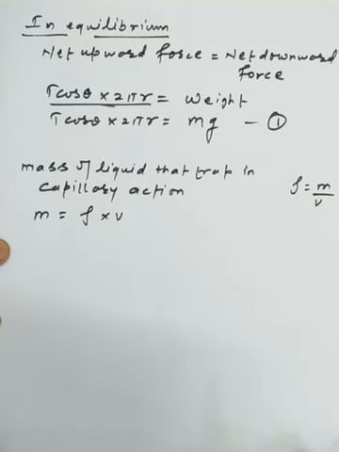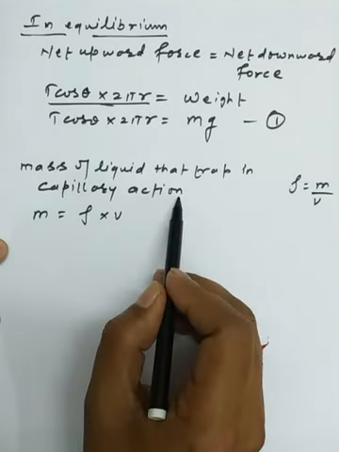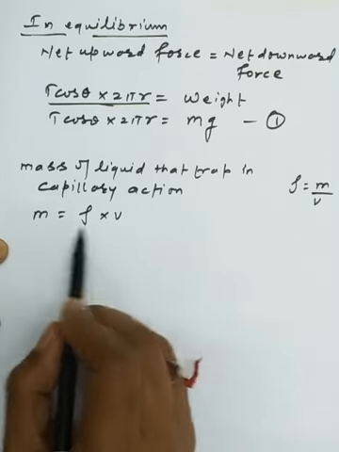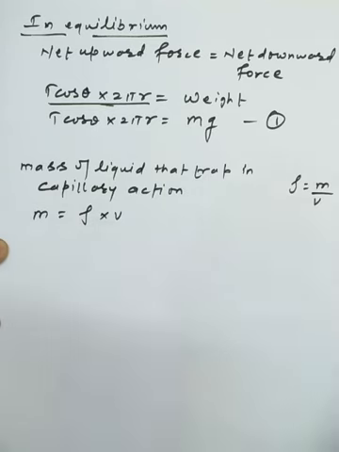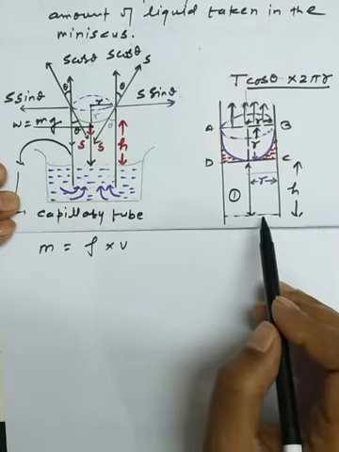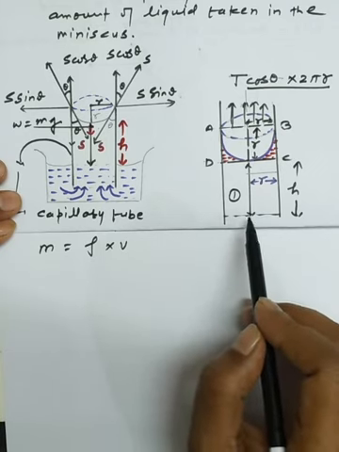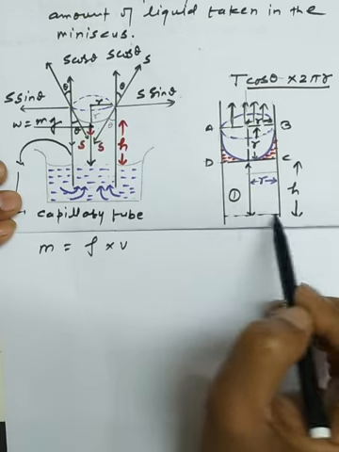So how are we calculating it? This m, the mass of the liquid trapped in the capillary action, m is equal to rho into v. It's a general formula we have. Rho is the density of the liquid, and we are making the consideration of the volume. So we are just finding the volume by the figure. One is the volume of the water that is trapped in the height h, from the base of the hemisphere to a portion up to height h.